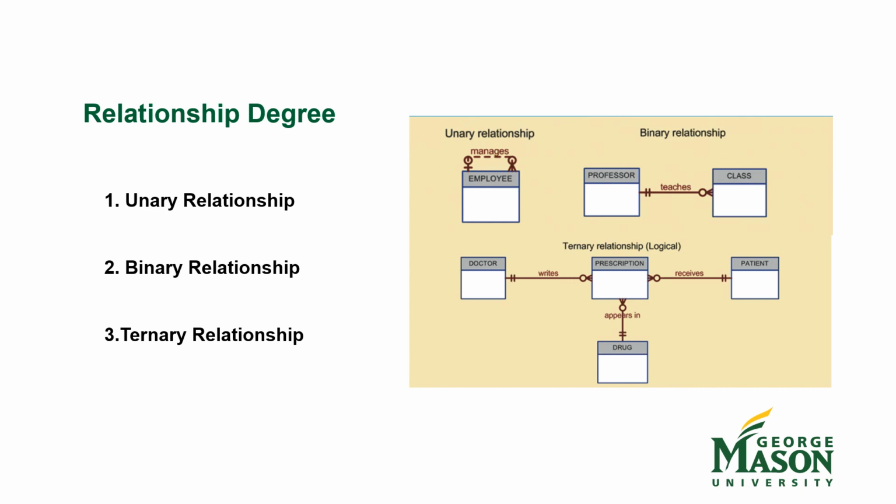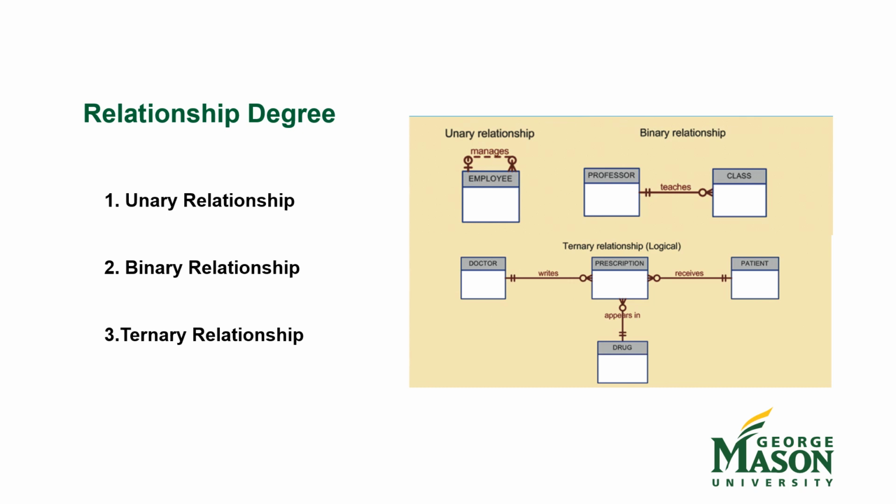A common example of a unary relationship is a manager relationship in an employee database. A binary relationship involves two entity types. For example, a professor entity might have a relationship with a class entity, where each professor can teach multiple classes.